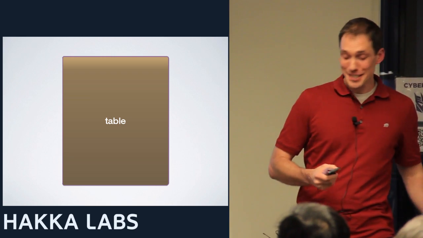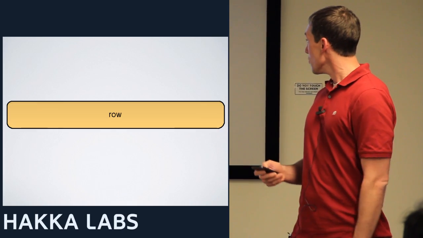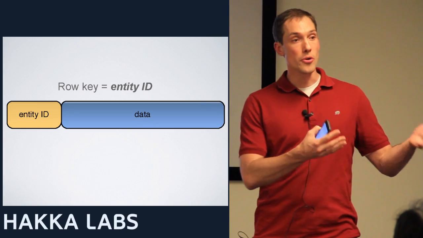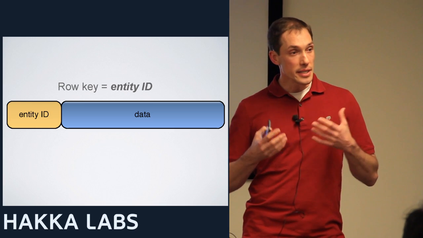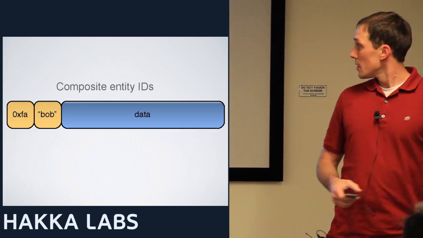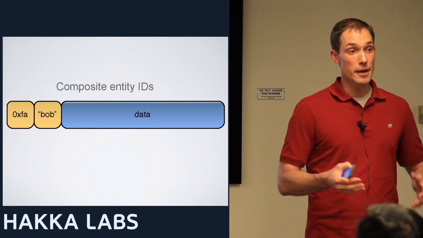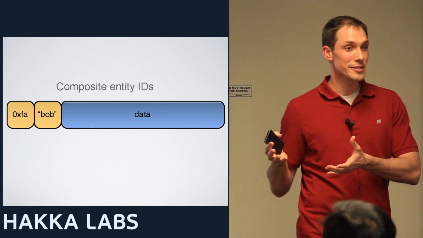We store all of our data in tables. The tables consist of rows. And rows consist of some kind of row key as well as data. In Kiji, we call this row key an entity ID. We support composite entity IDs. And these entity IDs can have hashed and unhashed components.